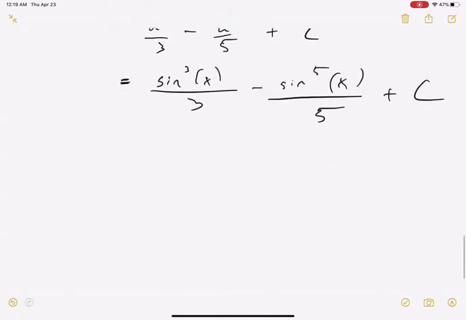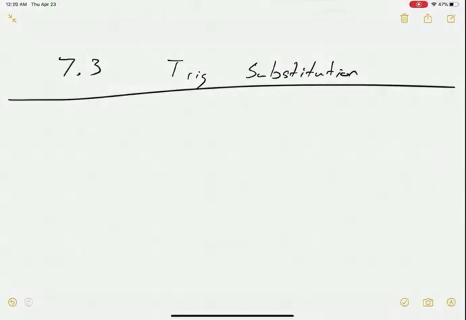What starts to get more interesting is 7.3, which is trig substitution. Okay, so what we have to know from section 7.3, first of all, is our table on page 486.